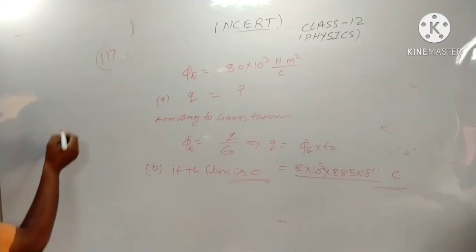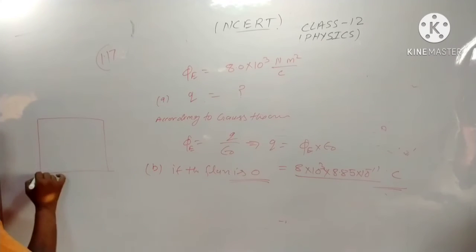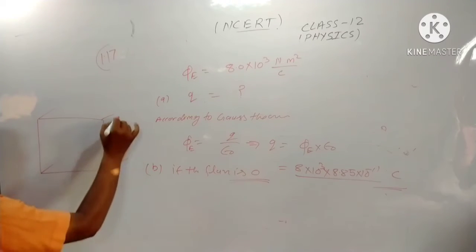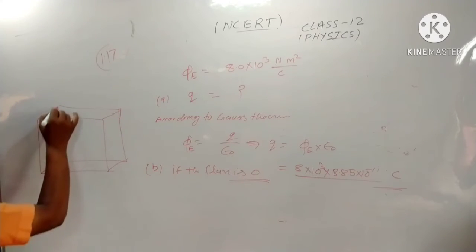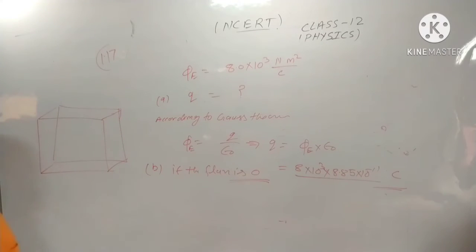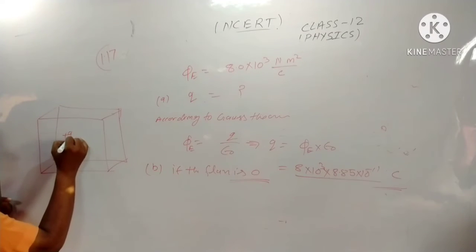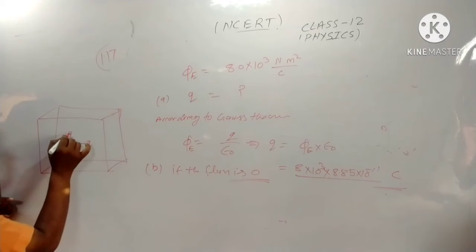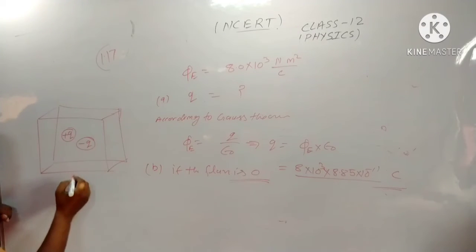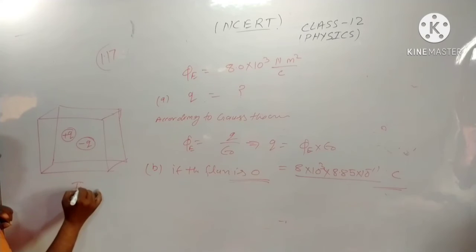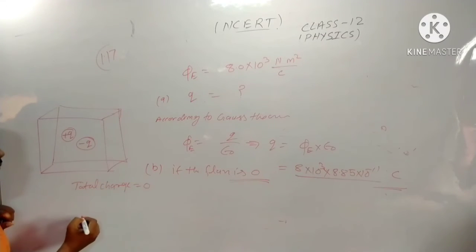See here, suppose this one is your box, both conditions are possible. It may be here is plus Q and minus Q, both same charge. One charge is plus Q, one charge is minus Q. Then total charge is equal to 0.